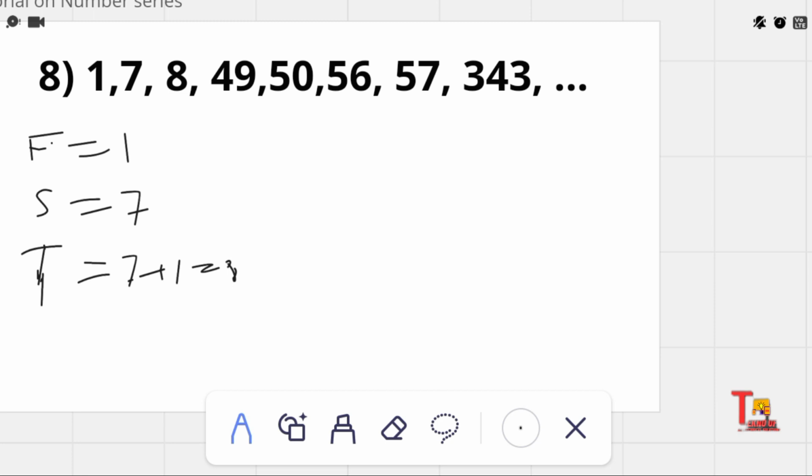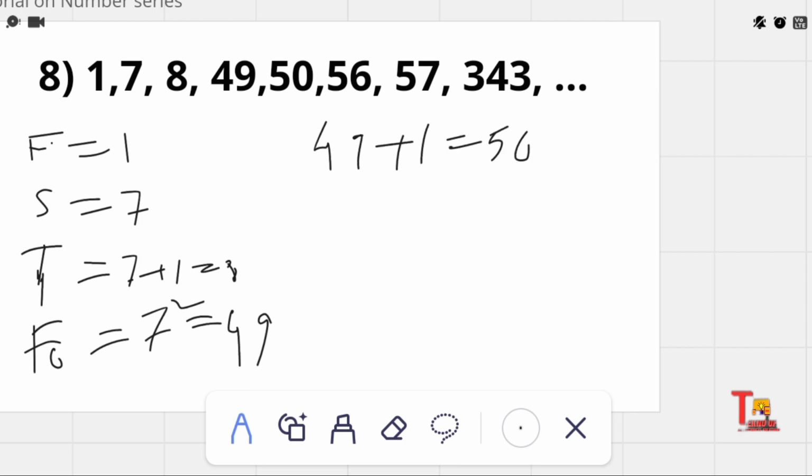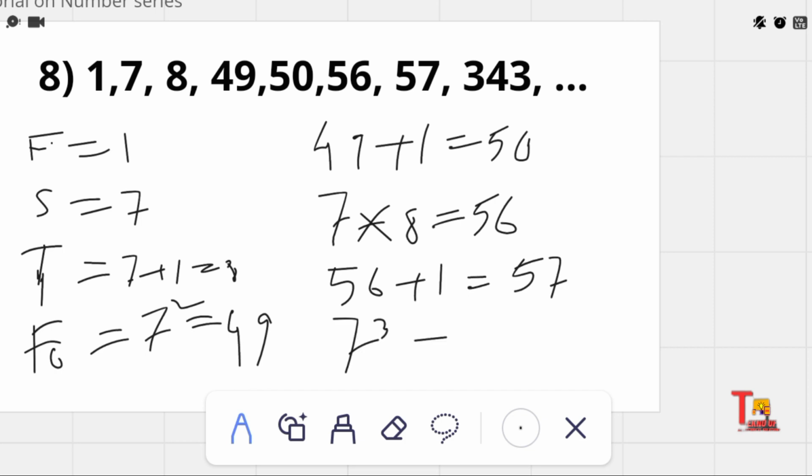And the fourth item is 7 square, which is equal to 49, and the fifth item is 49 plus 1, which is 50, and the next item is 7 into 8, which is 56, and with 56 if you add 1, then you got 57, and then 7 cube, this number will be 343, and if you add 343 with 1, then you will get what? 344.